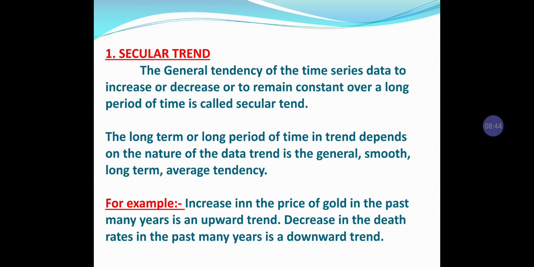For example, the increase in the price of gold over the past many years is an upward trend. A decrease in death rate over the past many years is a downward trend. In the current situation, I can compare the example. Before March, when the corona was initially starting, the gold rate was around 3000 something.